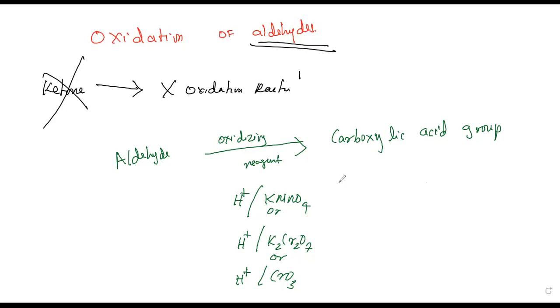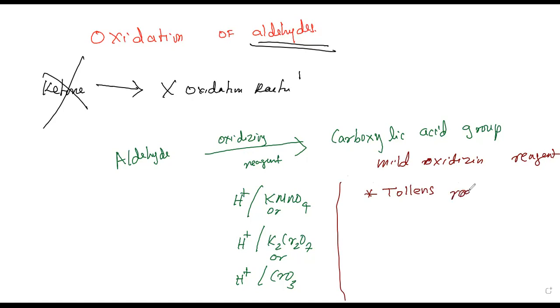Not only these oxidizing reagents. Along with them, we are going to use the mild oxidizing reagents also, Tollens reagent, simply the silver mirror reagent, and Fehling's reagent.